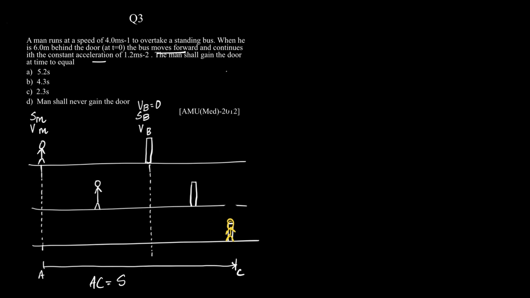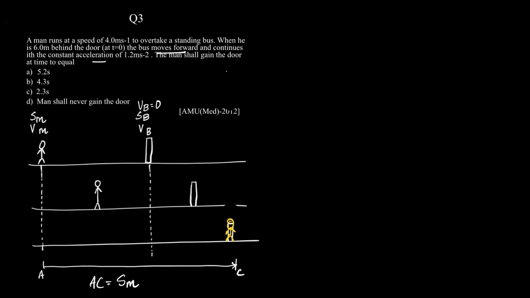I'll explain it once again. The man was initially here, and he traveled this long to overtake the bus, or to reach the bus. So this much distance is AC. And what does AC represent? AC represents nothing but the distance moved by the man, which I have denoted here as SM.